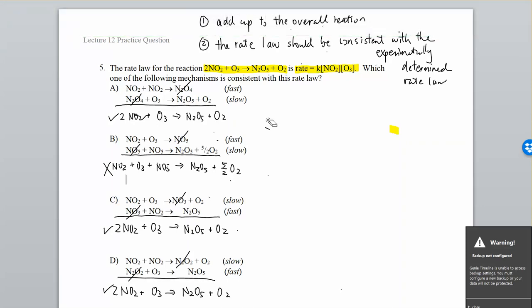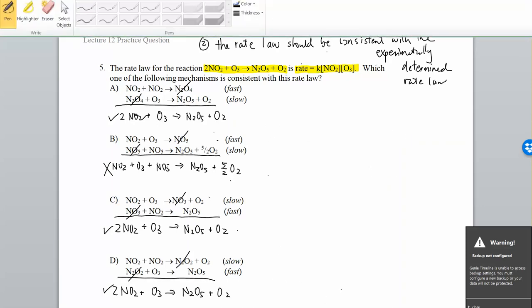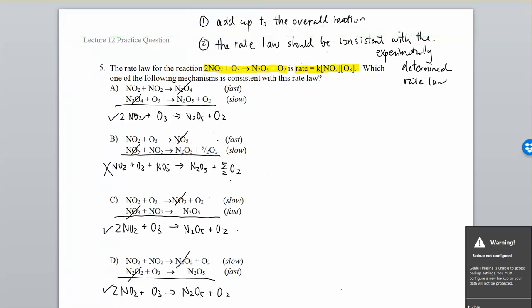So what I'm going to do next is write the rate law for the reaction mechanisms proposed in A, C, and D. In A, the slow step is the second step. So I can write the rate law as follows: rate for reaction mechanism A is equal to rate constant k2, the subscript 2 for step 2, times concentration of N2O4 times concentration of O3.